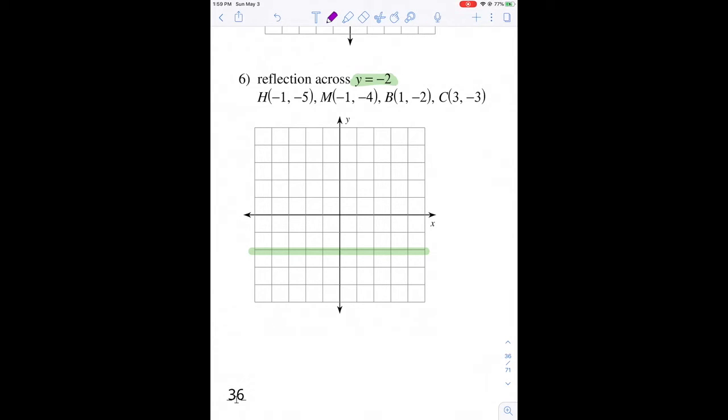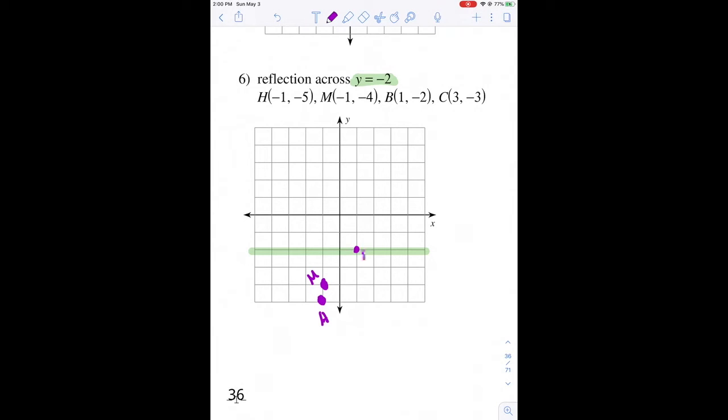I'm going to plot my original points. So H is -1, -5. So -1, 1, 2, 3, 4, 5. Here's H. M is -1, -4. Very close to H. So there's M. B is 1, -2.